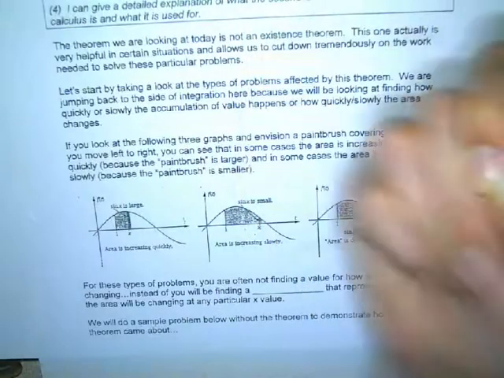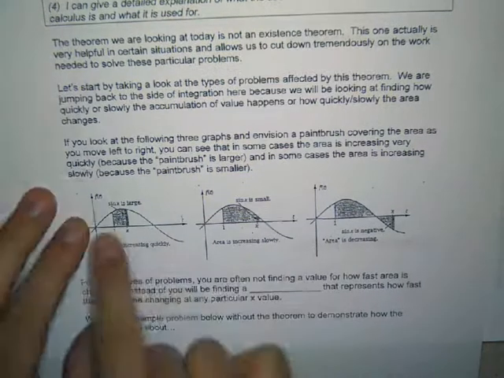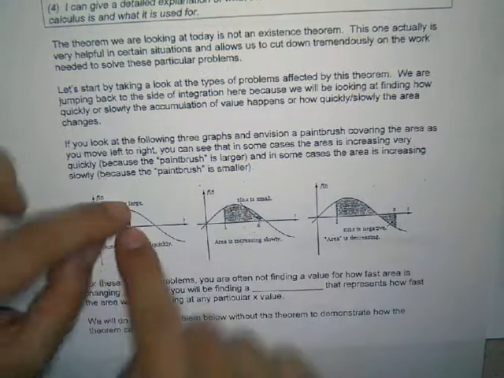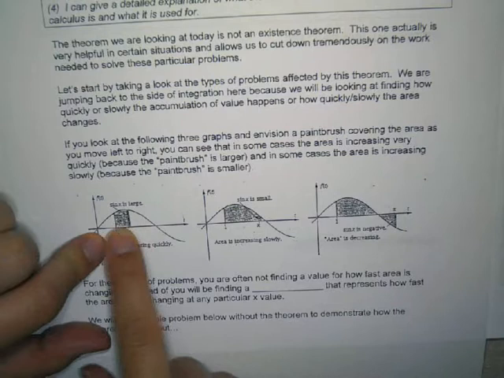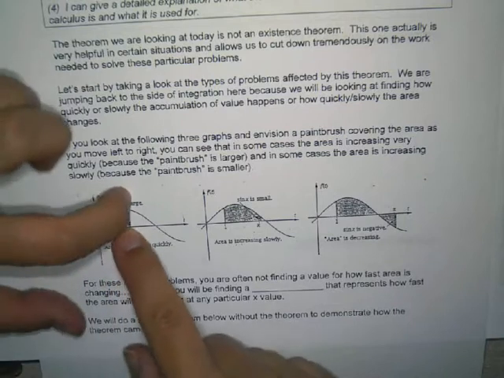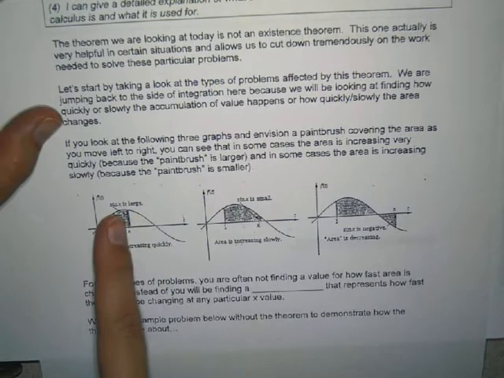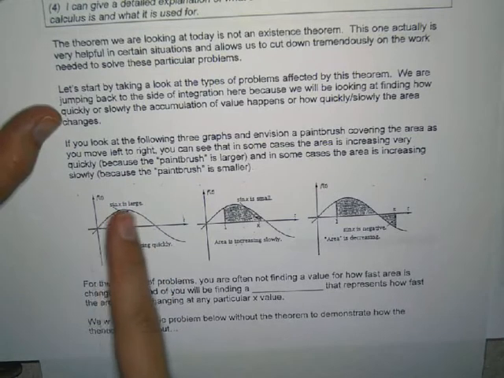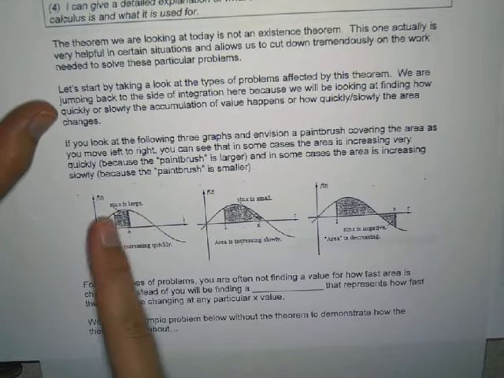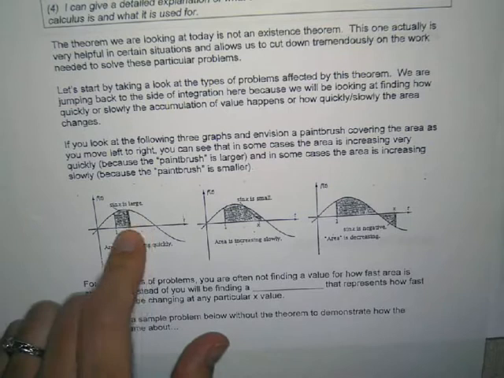So, all that to say, if you envision the height between the x-axis and your function as the width of your paintbrush, here it's very large, so the rate of area increasing is pretty quick.